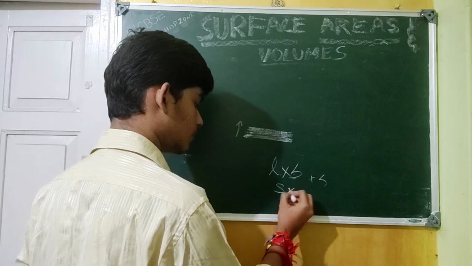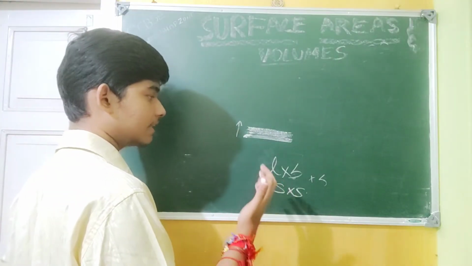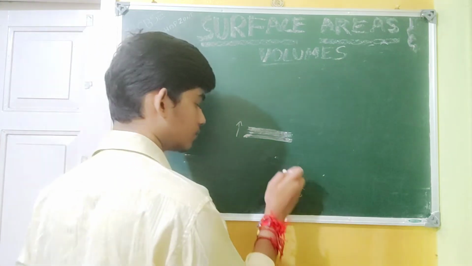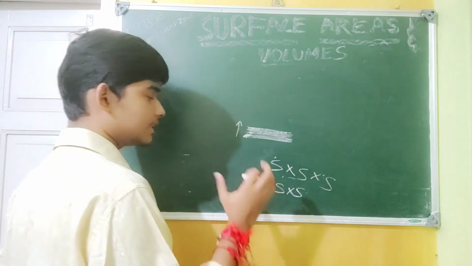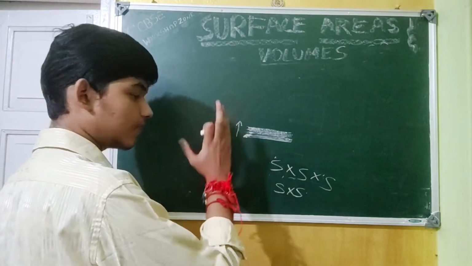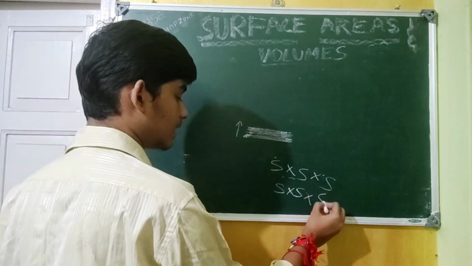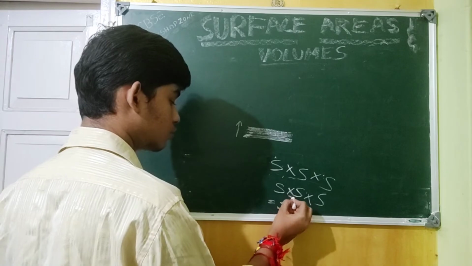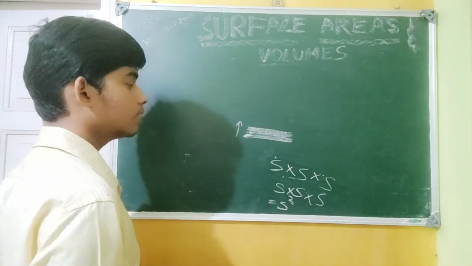Since length is equal to side, and height can also be taken as side, we have three measurements, so we multiply s into s into s, which is s cube or a cube. So that is how we can find out the volume of a cube.